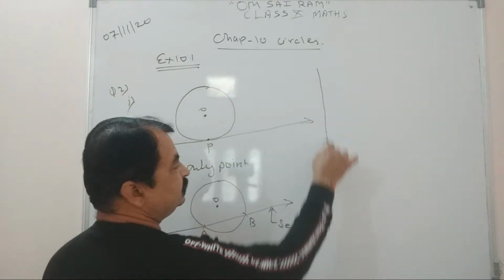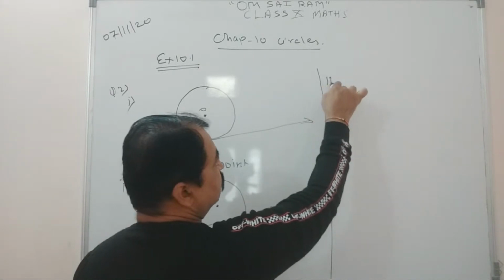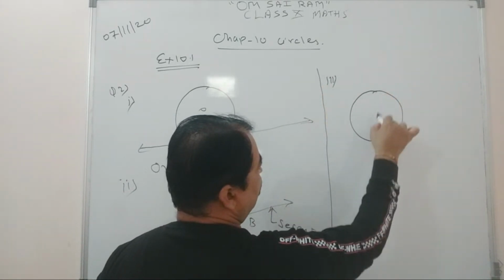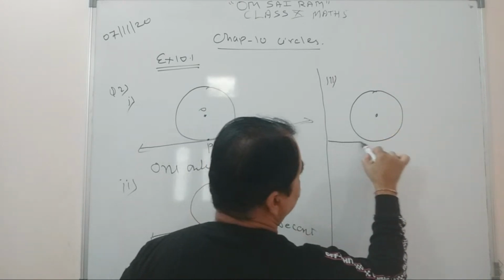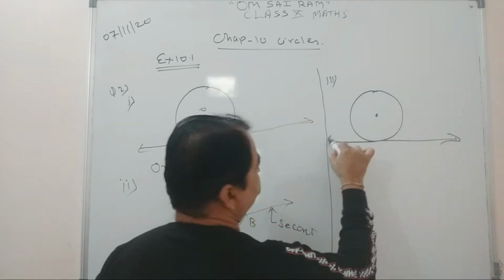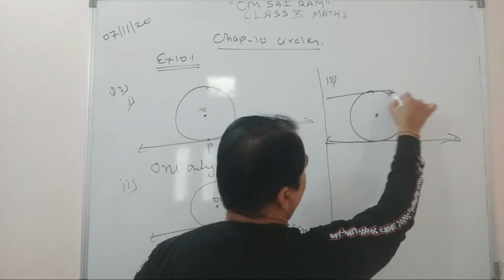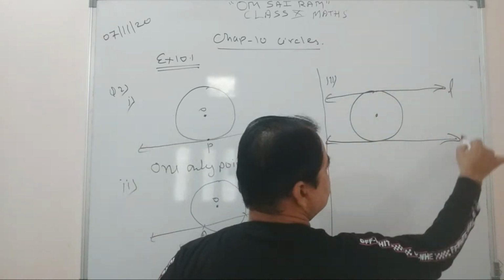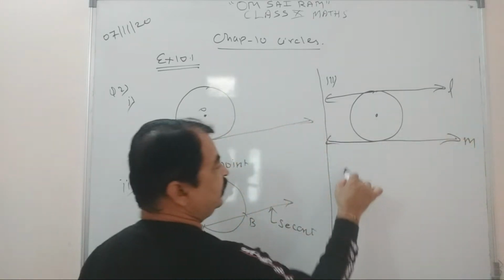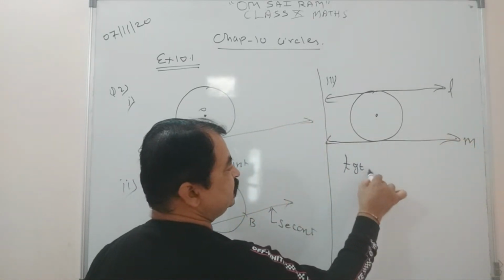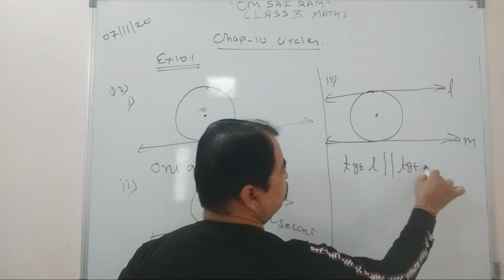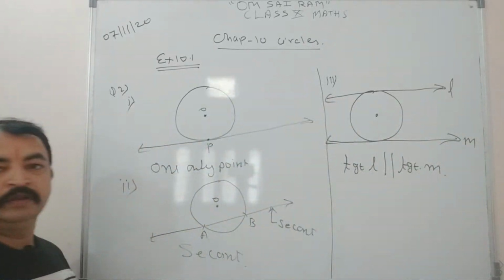Okay, I'm having the space. So for the third point, I'll draw a circle. I have to show at most parallel tangents. You will draw like this, children. One of the examples I have given: this is tangent L and tangent M. So tangent L is parallel to tangent M, children.